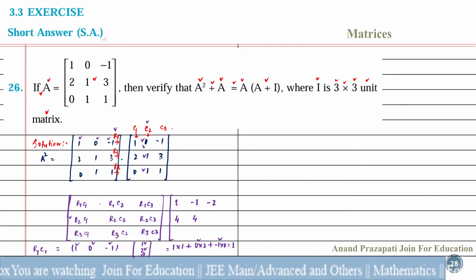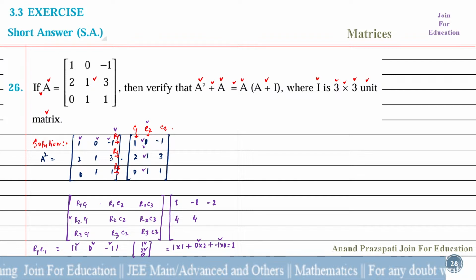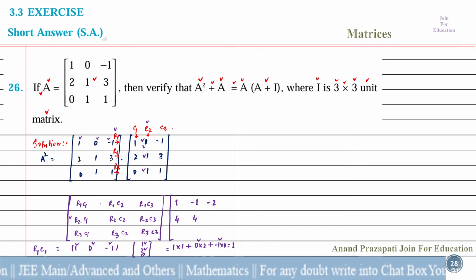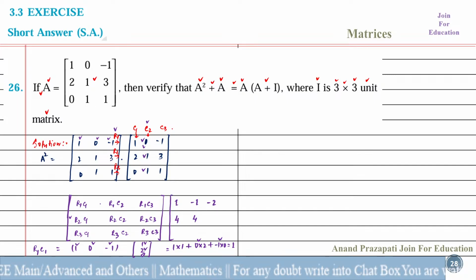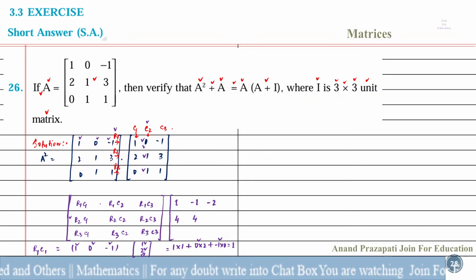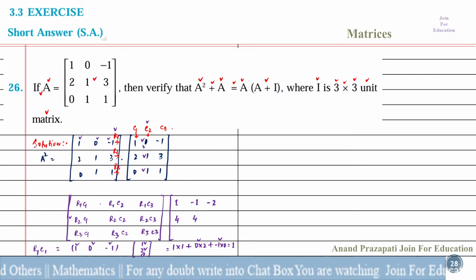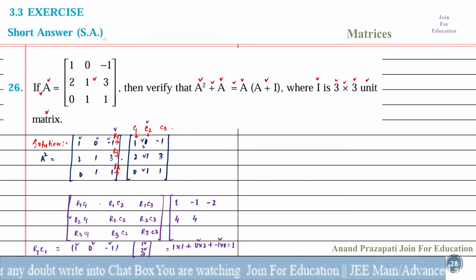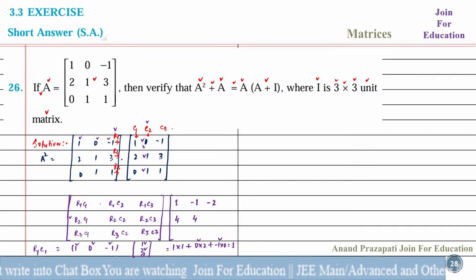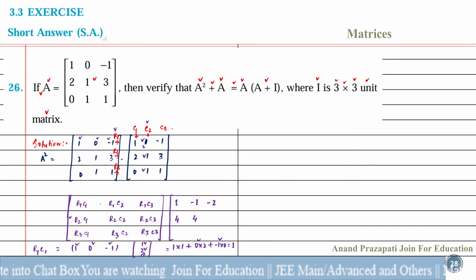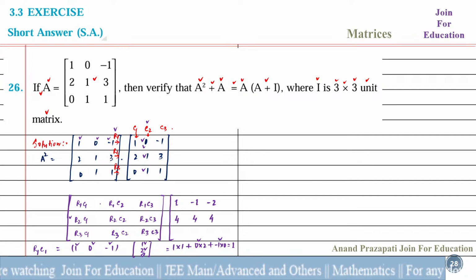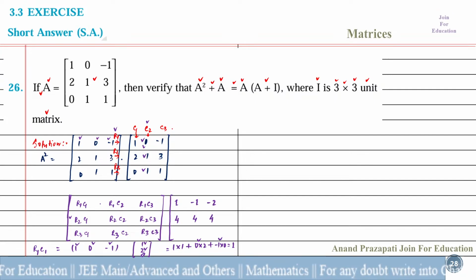And R2 C3, it means that 2 into minus 1 equal to minus 2, 1 into 3 equal to 3, and 3 into 1 equal to 3. So here will be 6 minus 2 equal to 4. Hope that there is no problem to understand up to this step.